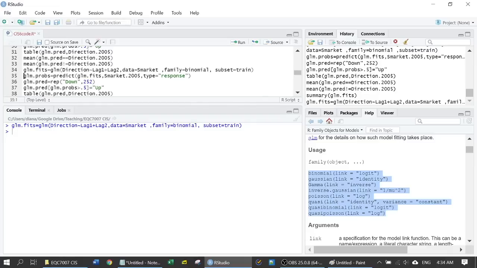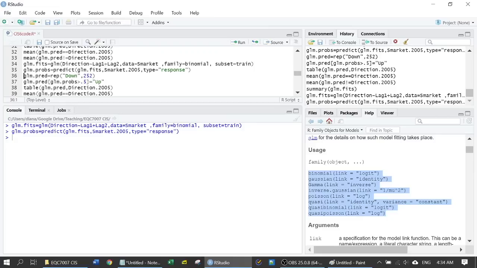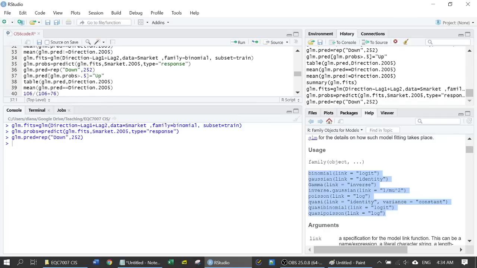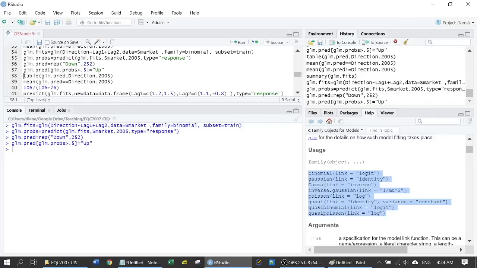Then we use the predict function to predict based on glm.fits on the testing data set, and the type is response. Again, we repeat Down 252 times, and we replace glm.pred with Up if the probability is larger than 0.5.